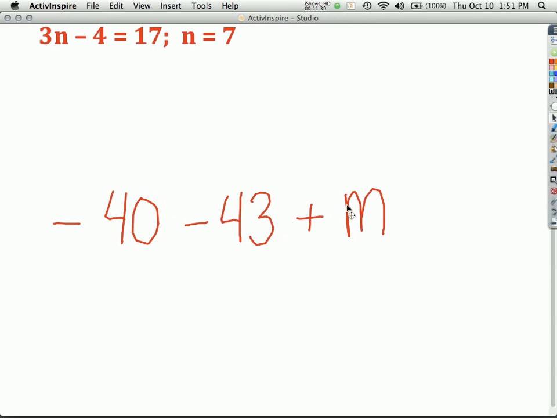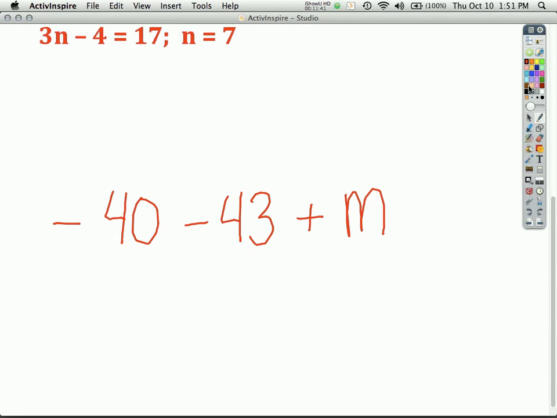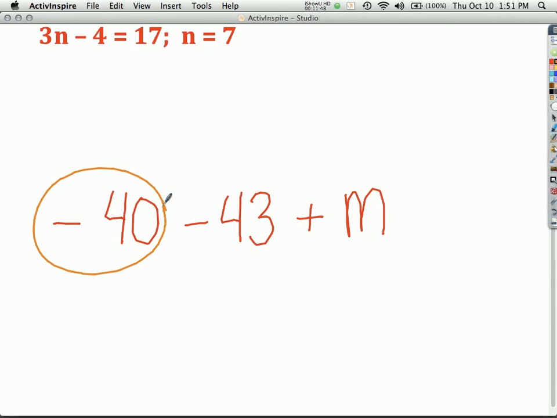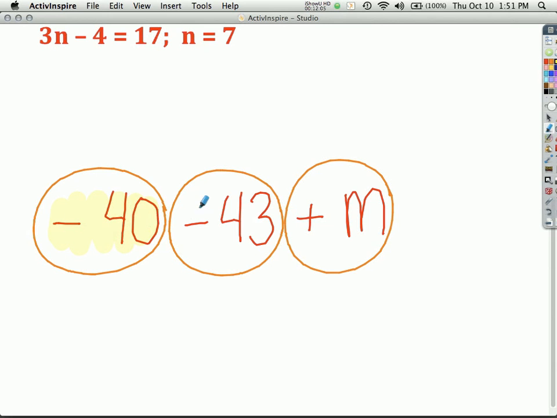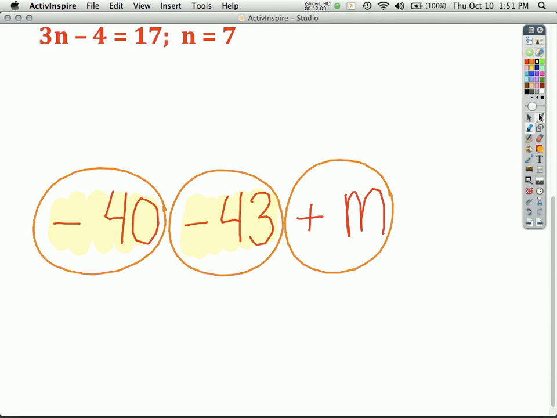What's another way to see that? Well, I taught you the bubble method. So, if we put a circle around the number and the sign that comes right before it, you can clearly see the signs of each of the terms. And so you should be able to instantly recognize that that's negative 40, and that's negative 43, and that we are adding them together.